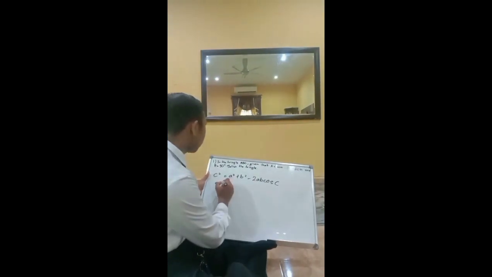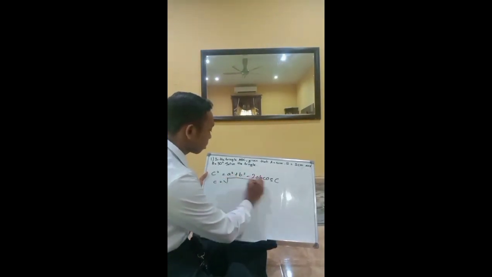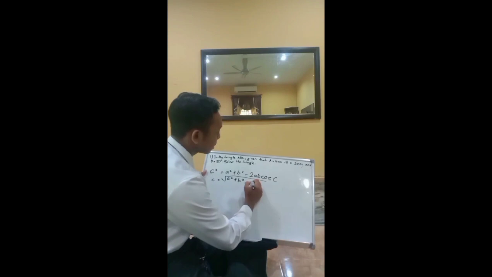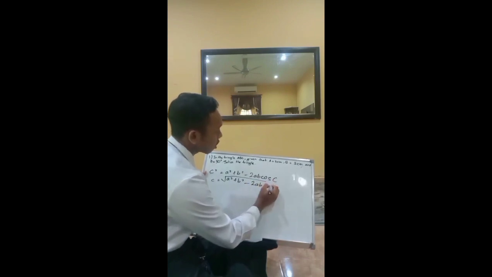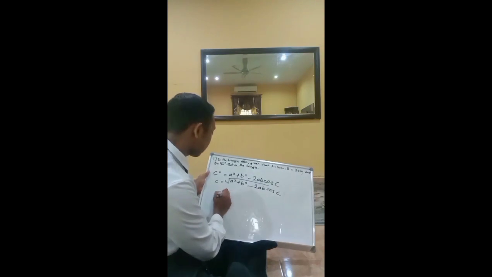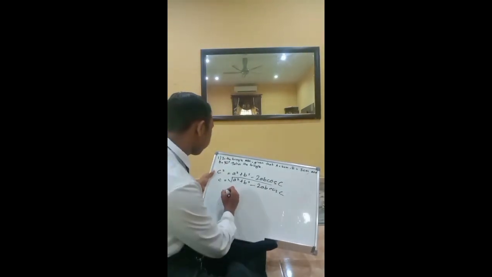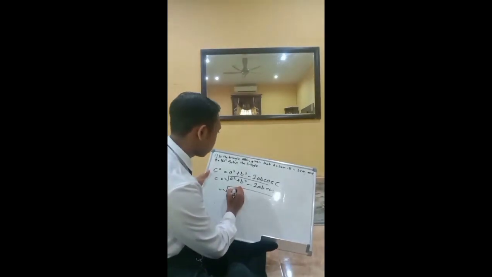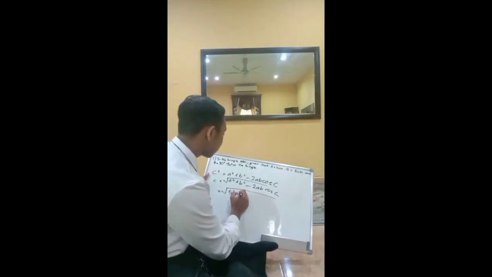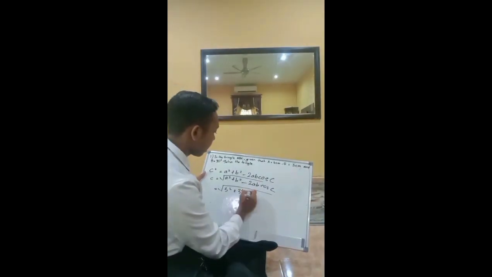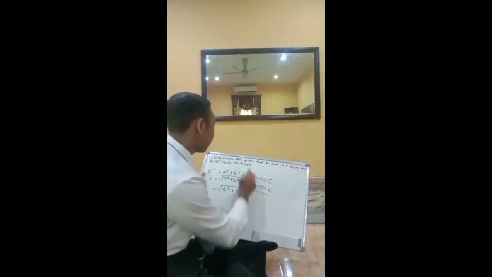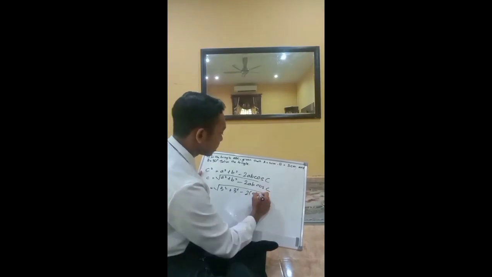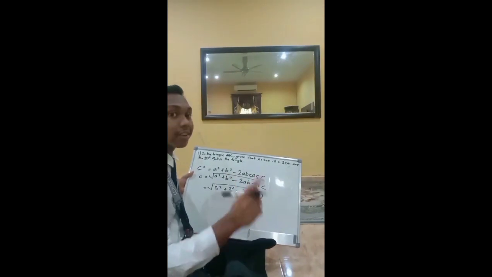Next, c squared equals a squared plus b squared minus 2ab cos C. We put 5 squared plus 3 squared minus 2ab, where a is 5, b is 3, and cos C. Remember cos C?